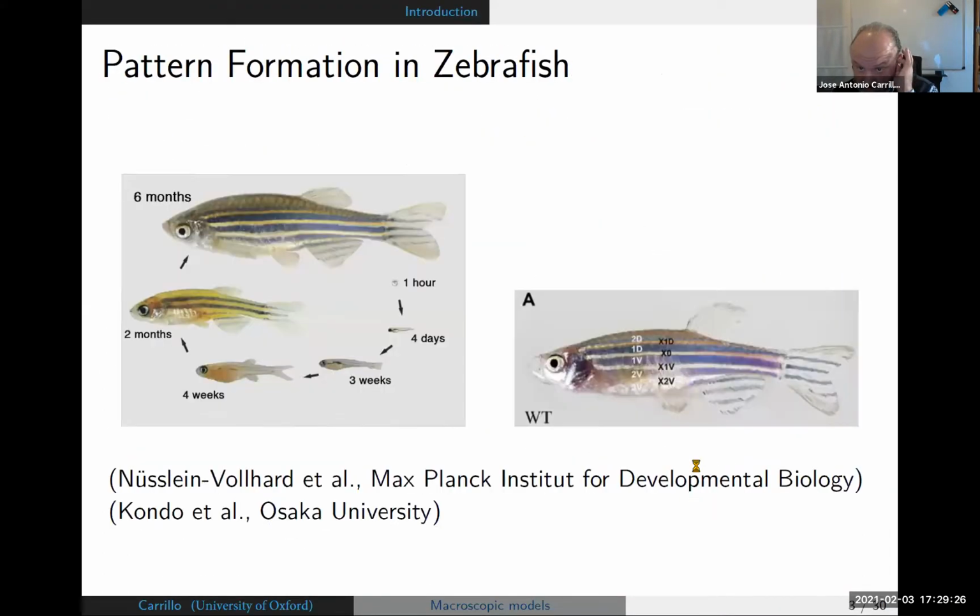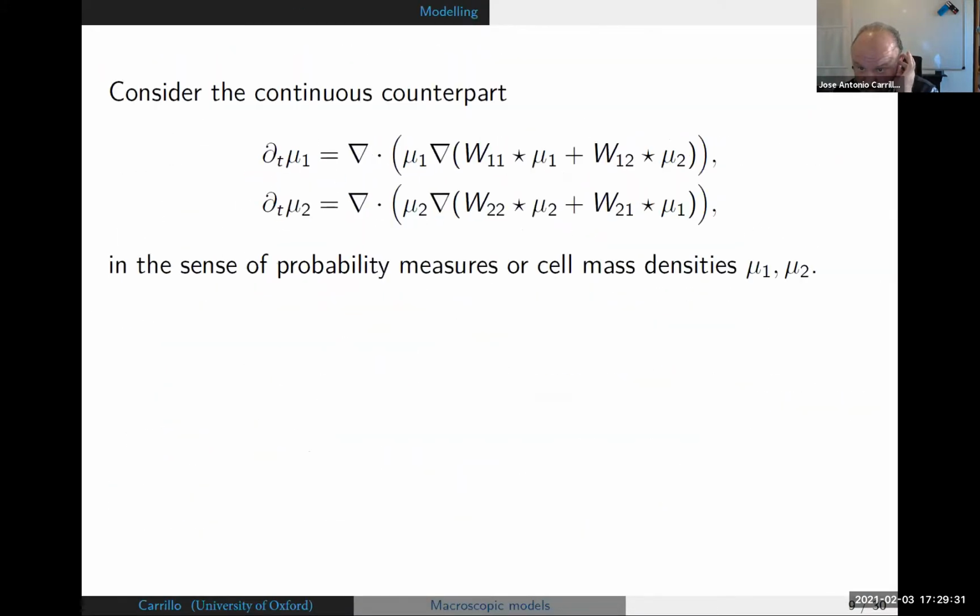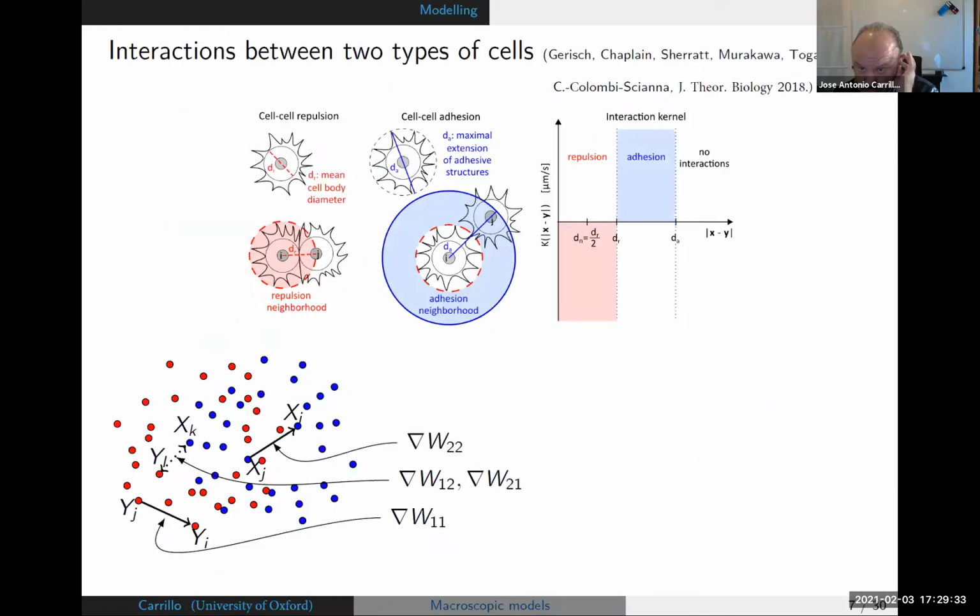So probably this slide will clarify better. So the non-local term is modeling the interaction of cells at a certain distance, so the adhesion forces to the other cells or to the same type of cells nearby. So this part of the interactions I'm modeling at the non-local level.